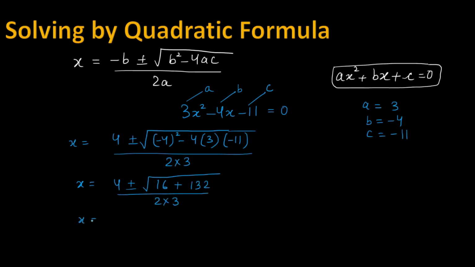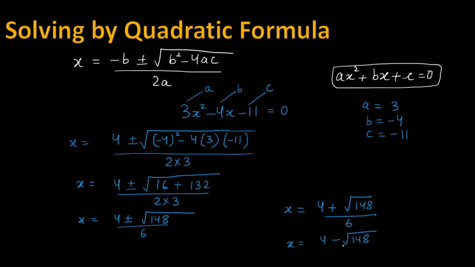Now this gives you x equals 4 plus minus the square root of 148 divided by 6. So we can say x can be 4 plus the square root of 148 divided by 6, and x can be 4 minus the square root of 148 divided by 6.